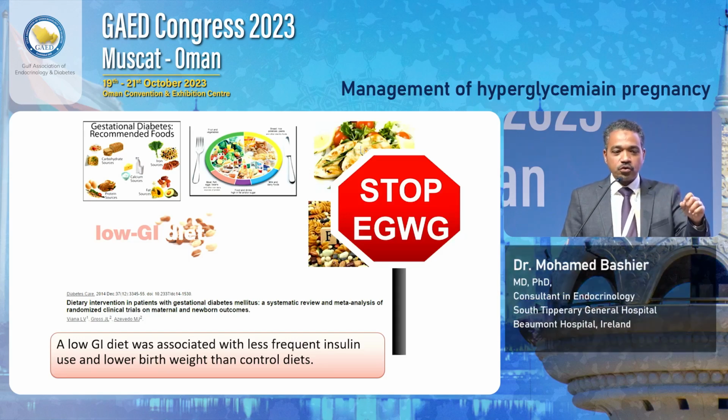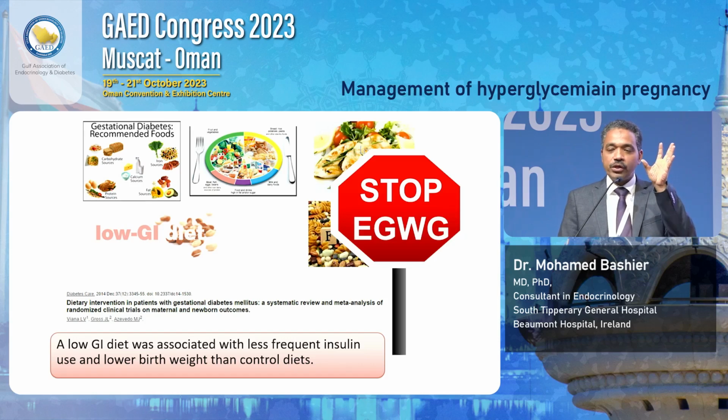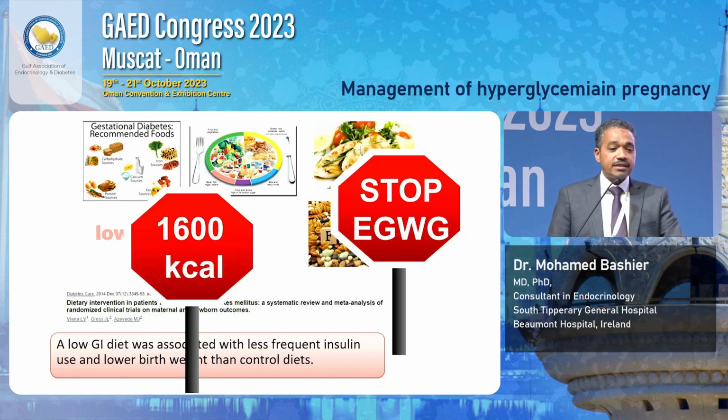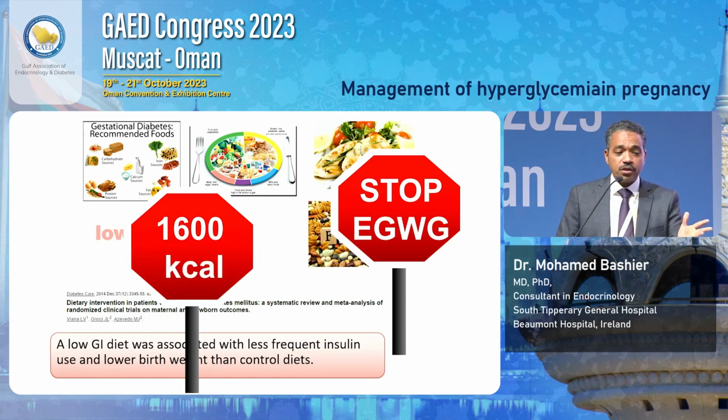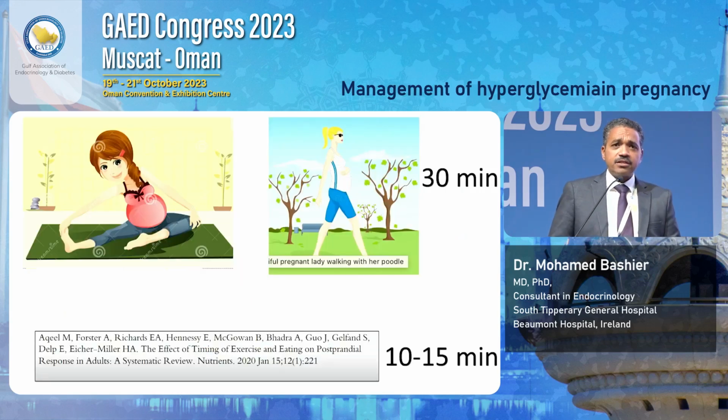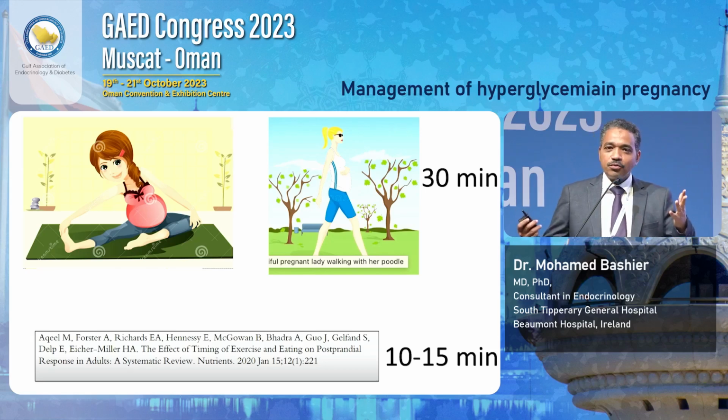If it's not working, you have to try and get her to meet the dietitian more and more. And as I said, we use 1,600 calories in those with excessive gestational weight gain where we need to apply a brake to them. That's the lowest we got, and we have good success with stopping this in 2/3 of the patients. Exercise is critical. We're not asking them to run on a treadmill.